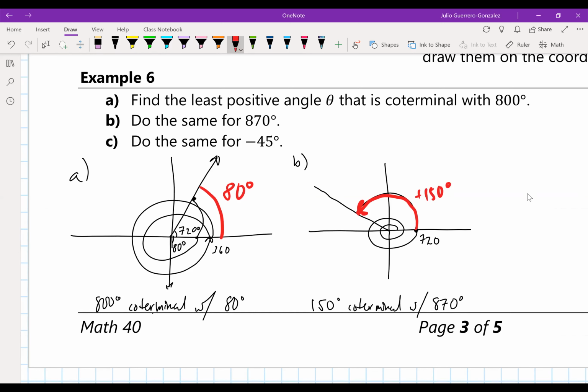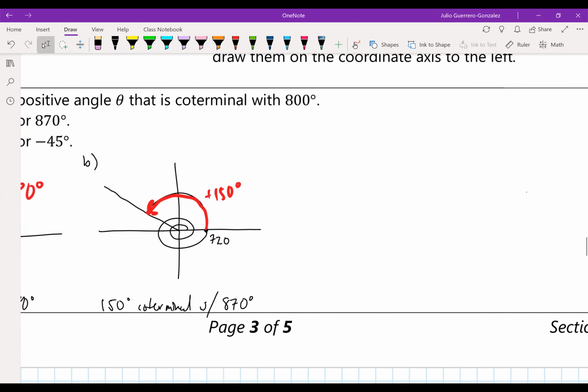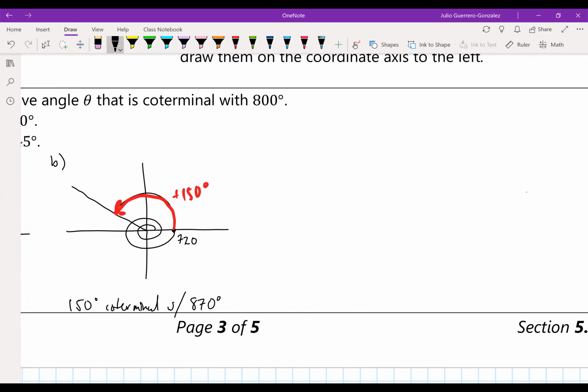So basically, you eliminate the number of times you go around, and you just look at where you end up. So for B, same idea, or sorry, for C, same idea.